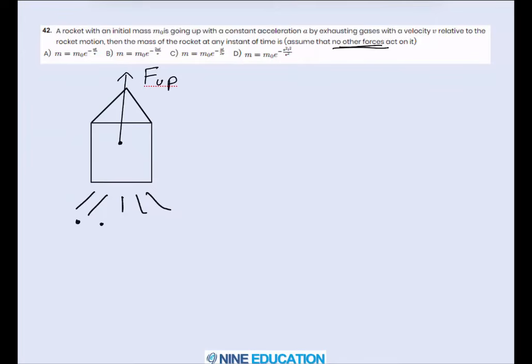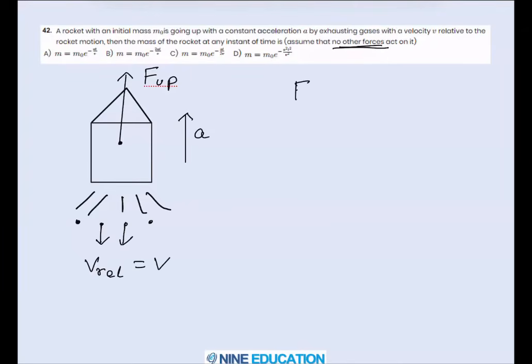Now, the exhaust gas particles are coming out with a relative velocity of v with respect to the rocket, right? Okay, and we will assume that the acceleration of the rocket is a in the vertically upward direction.